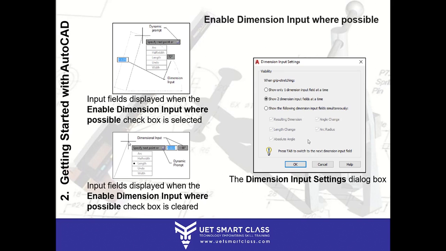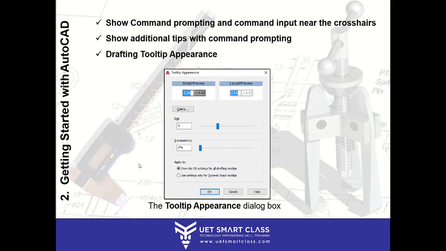By default, it selects all of them. There is a tip also, press Tab to switch to the next dimension input field. Basically, when you want to switch to the next field, like from arc to half width, you can press Tab and it will switch. All right. When you select one of the inputs, the black dot appears. Like here, you can see length is being selected.